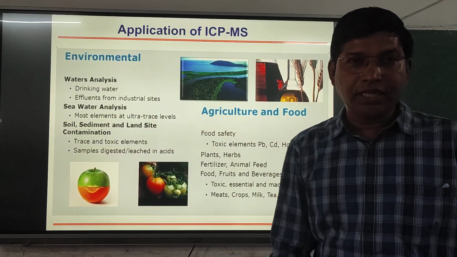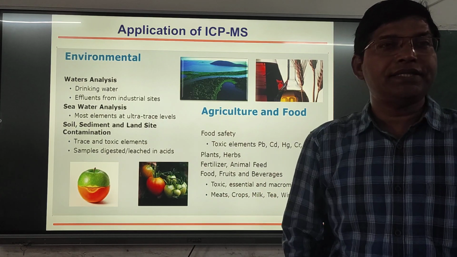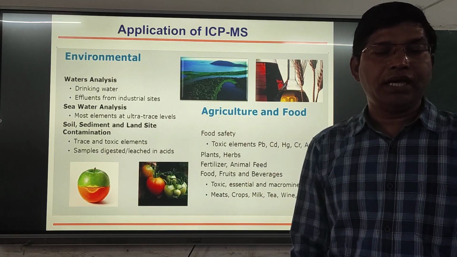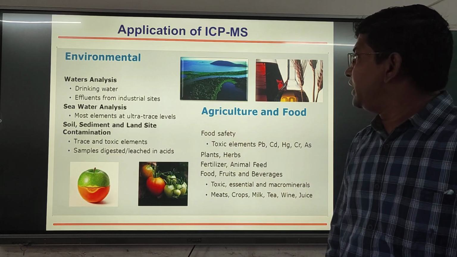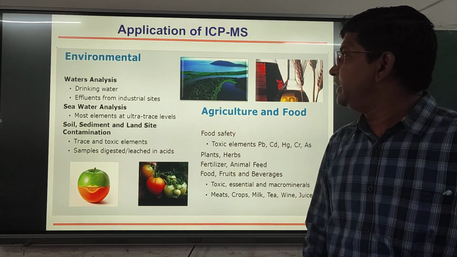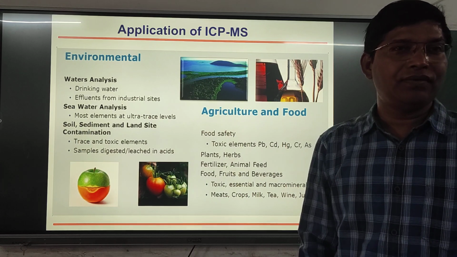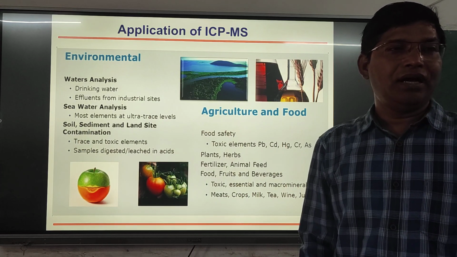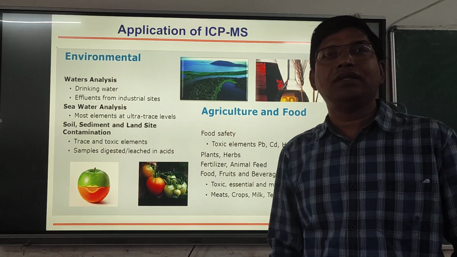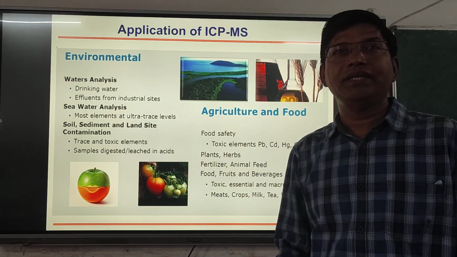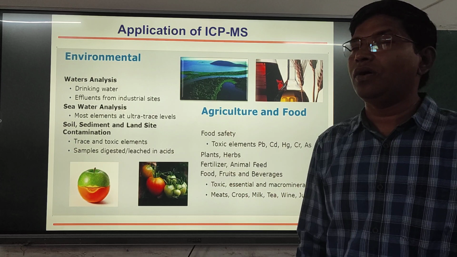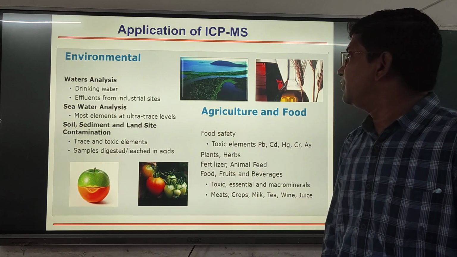So this slide shows the different applications of ICP-MS. We can use this technique for determination of different elements from drinking water, because in drinking water the concentration of elements is very low, maybe in micrograms.